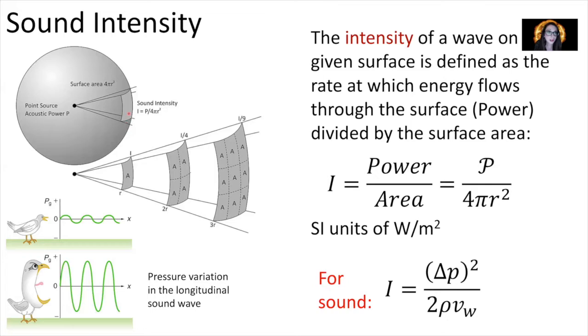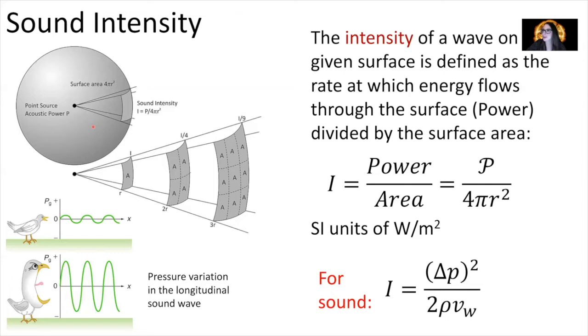The surface area we're talking about is that of a concentric sphere centered on the source of the sound. That surface area is 4 pi r squared, or 4 times pi times the radius squared, where r is the distance that you are away from the source. So the farther you are away from a source of sound, the less intense that sound is.